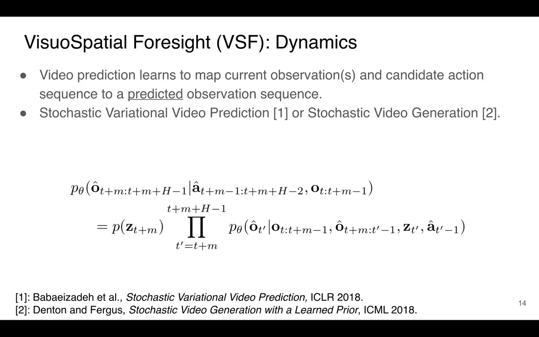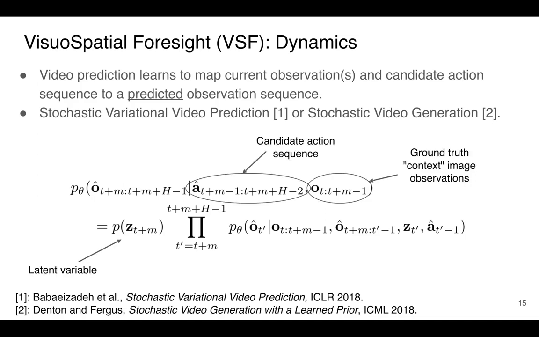The research community has developed a variety of video prediction models, including Stochastic Variational Video Prediction and Stochastic Video Generation. What I want to highlight with this equation here is that this is a generative model that gives the probability of sampling a specific sequence of future frames from the current time step into the future, while we're conditioning on the candidate action sequence of H actions, and we have context images as well.